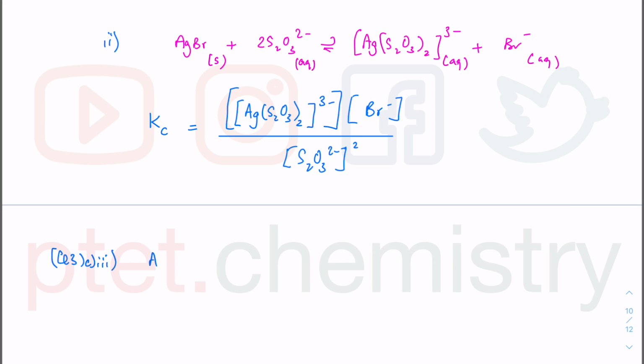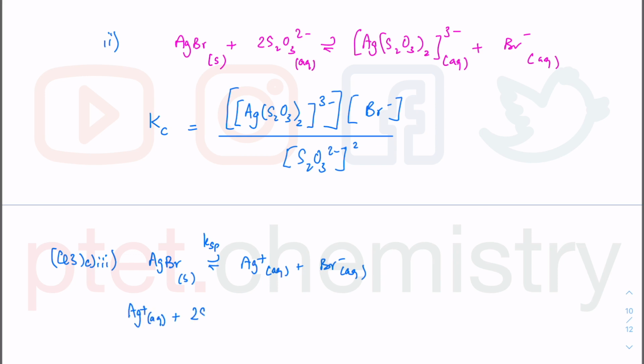So we have AgBr going to Ag+ aqueous plus Br- aqueous. Okay, so that is your Ksp. I should really draw an equilibrium. In terms of Kstab, it's relative to the aqueous complex.